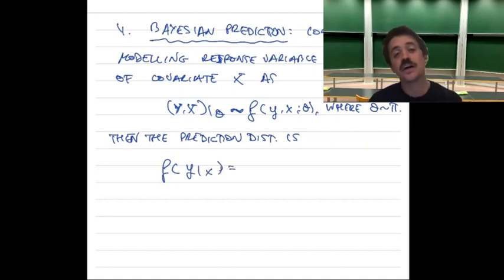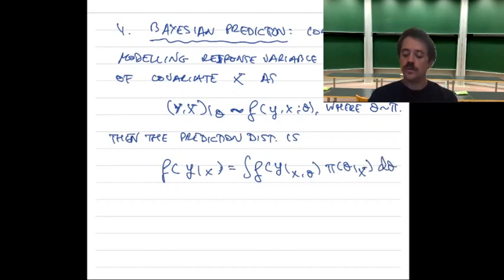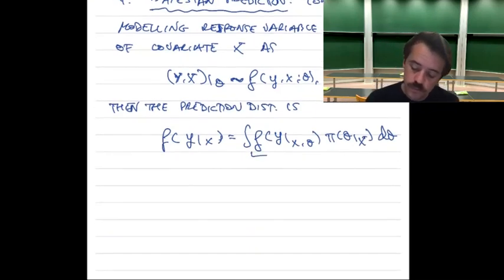Well, we need to integrate out basically all of the values of the theta, and this, of course, has to be done with the theta being random, and taking into account the values of the covariates.